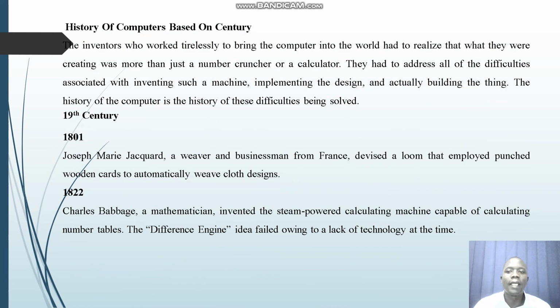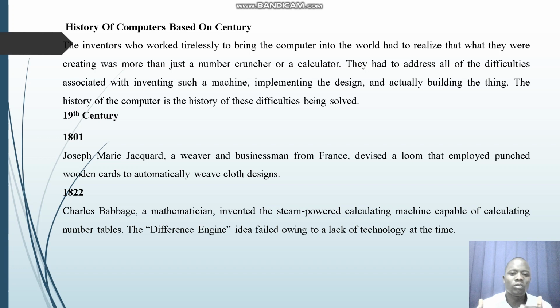Now, when we look at these generations in terms of centuries, we look at the different inventors who tirelessly tried to bring the computer into the world. They had realized that they were creating more than just a number cruncher or a calculator. They had to address all the difficulties associated with inventing such a machine, implementing the design, and the actual building of the machines.